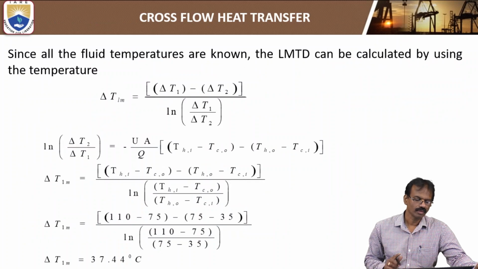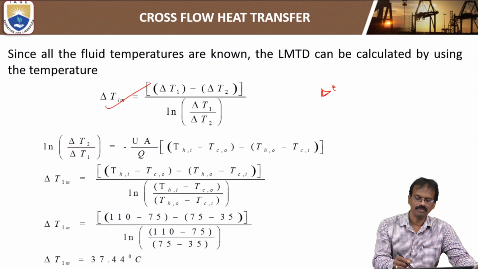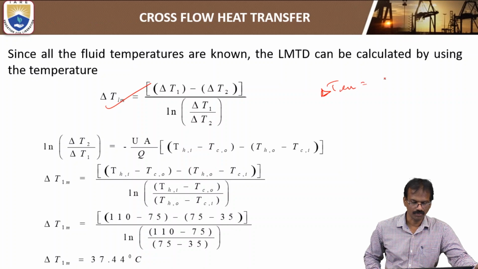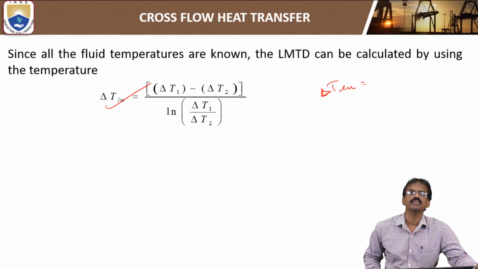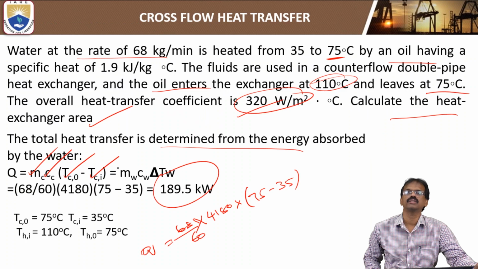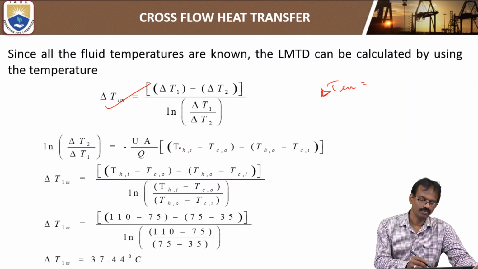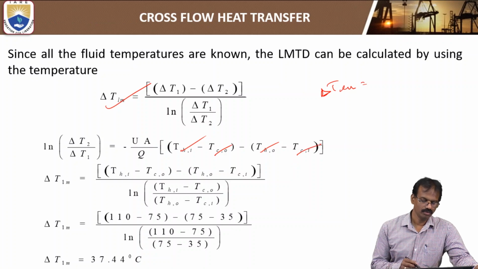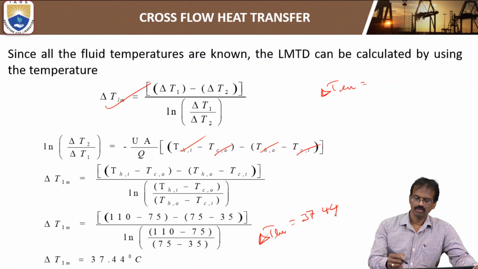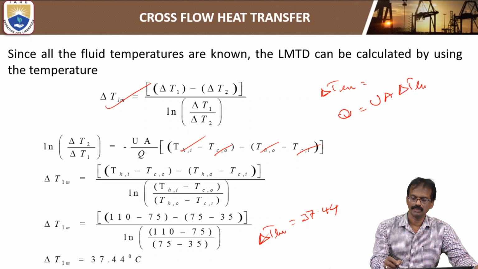For this one, you have to find out the delta T LM. What type of heat exchanger is this? This one is the counter flow heat exchanger. Then you have to take the formulas: hot fluid inlet to cold fluid outlet, hot fluid outlet to cold fluid inlet. By using this, you can find delta T LM equal to 37.44. You know that Q is equal to U A into delta T LM.